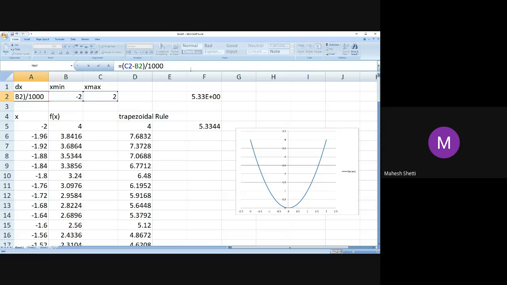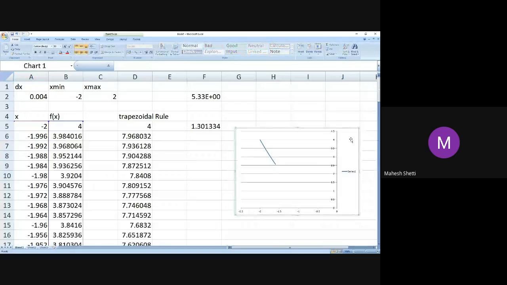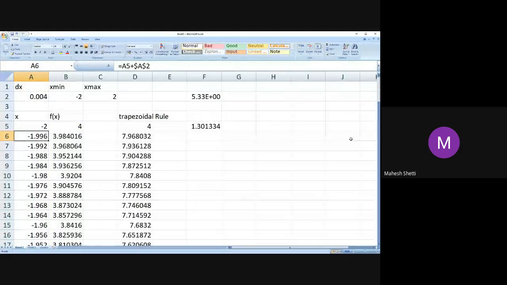I'm going to put 1000 points, but I will have to redraw the graph and redo the calculations. So let me quickly do that. This is fine, but I need to apply this formula to the next 1000 cells, so I have to go to A1005.